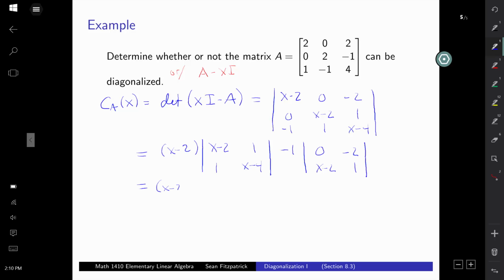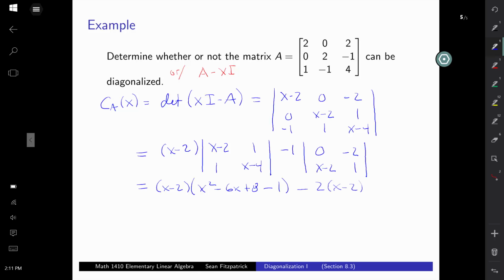So I've got x minus 2 times x minus 4, that's x squared minus 6x plus 8, minus 1 from the off diagonal. And here I'm going to have minus 2, okay, so overall a minus sign, right? Because I've got a minus 1 out front, a minus 1 there, and this is the off diagonal, so another minus 1. That's 3 minus signs, 2 times x minus 2.